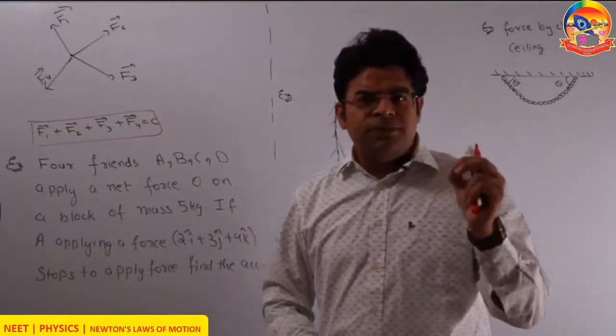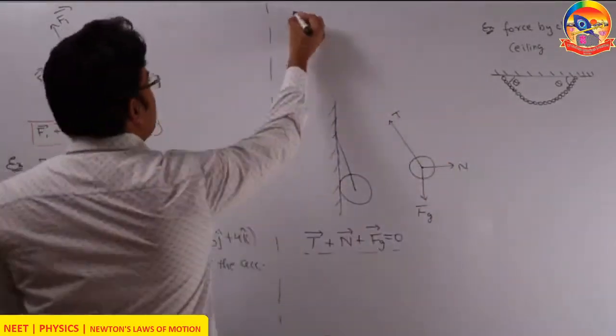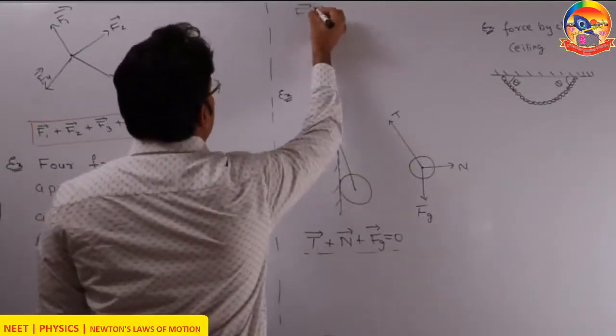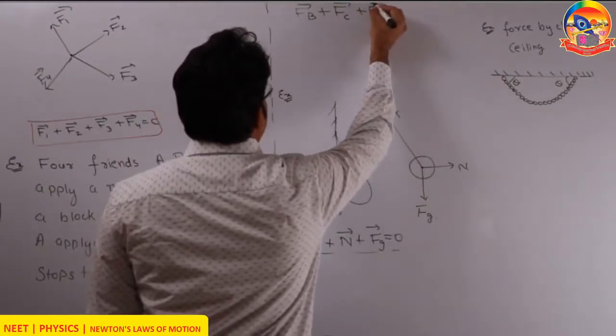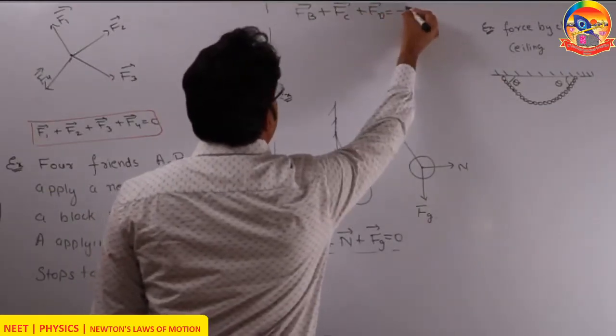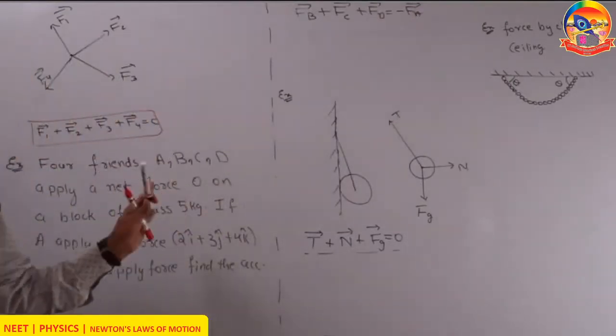Once A stops applying force, B, C, D will still apply force. I can say that the force applied by B plus force applied by C plus force applied by D equals minus the force applied by A, because I know when all these four forces were acting, the net force was 0.